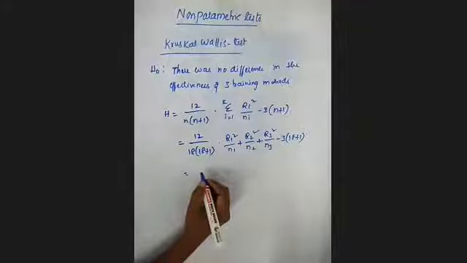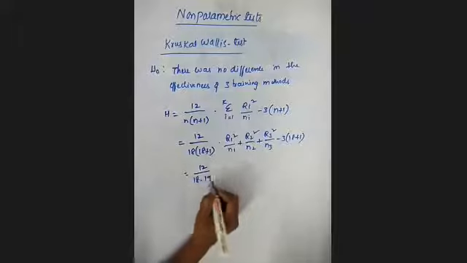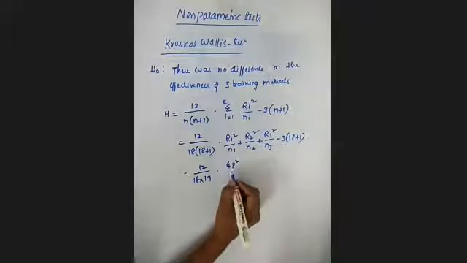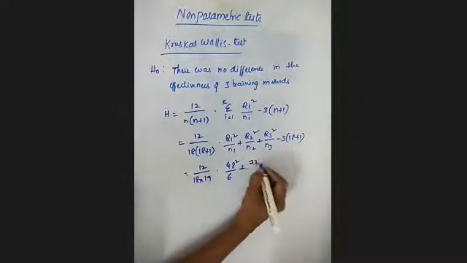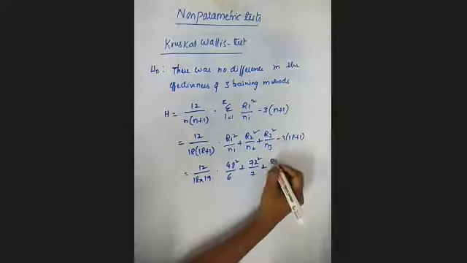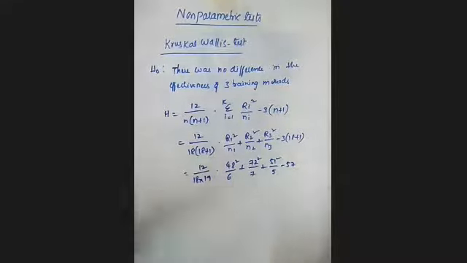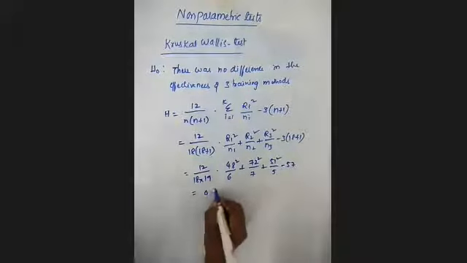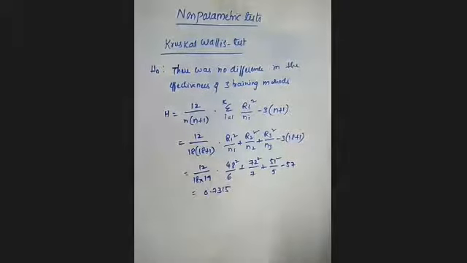Here you will get 12 by 18 into 19, into 48 square by 6 plus 72 square by 7 plus 51 square by 5, minus 57. Clear? Finally, you will get the value as 0.7315. Okay, this is the calculated value.